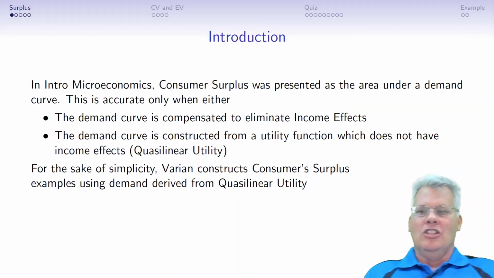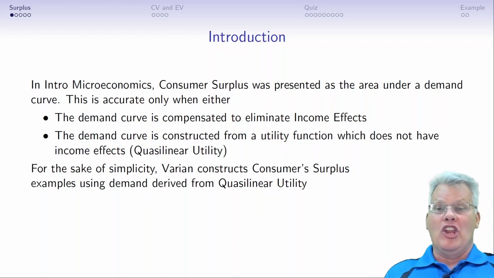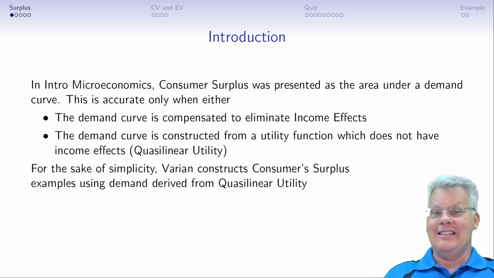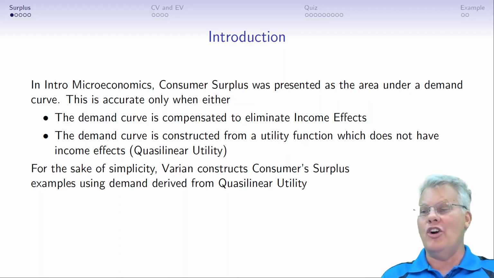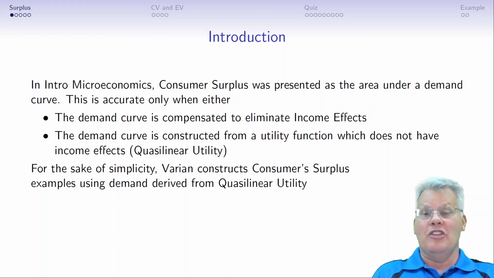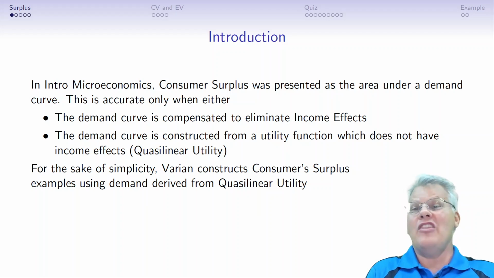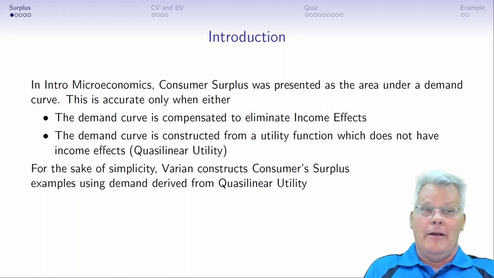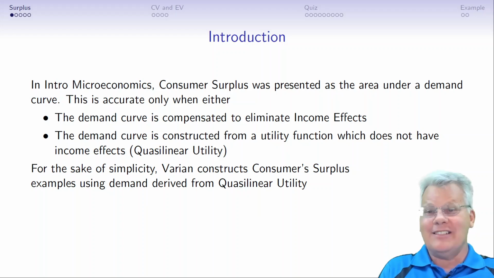Okay? So, in Intro to Microeconomics, consumer surplus was represented as the area underneath the demand curve. Since in Intro to Micro, demand curves were market demand curves, this represented the surplus that accrued to multiple consumers, and there were other inaccuracies to this simplistic view, and Varian gives them here.